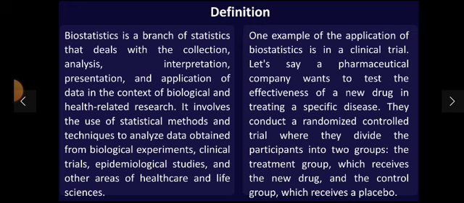So there are about five things biostatistics does. It has the aspect that has to do with collection of data, analyzing the data, interpretation of the data, presentation of the result, and the application of the data in the context that has to do with biological sciences. In other words, any health related statistics can be described as biostatistics.